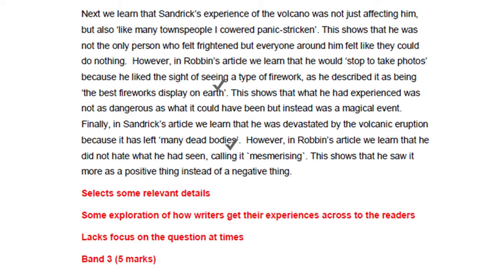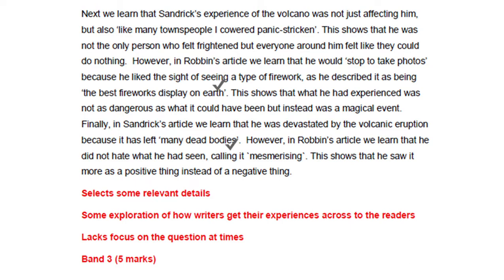But again, it's a weak tick because there's not really an inference there, and there's not really a pin down. "This shows that what he experienced was not as dangerous as it could have been, but instead it was a magical event." See, I would have ticked there. I feel like she has pinned down magical event with fireworks there.